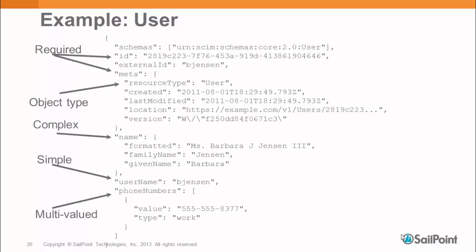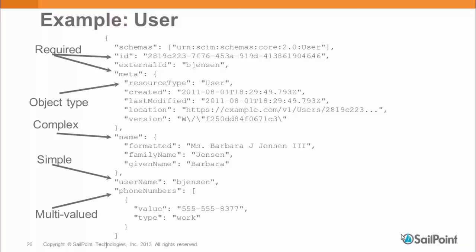There is an ID. Every object in SCIM has an identifier. This is service provider managed, and it's completely unique within their system. There's an external ID that can say who you are on your local system. You have meta information, metadata about the user or about whatever object that you're dealing with.